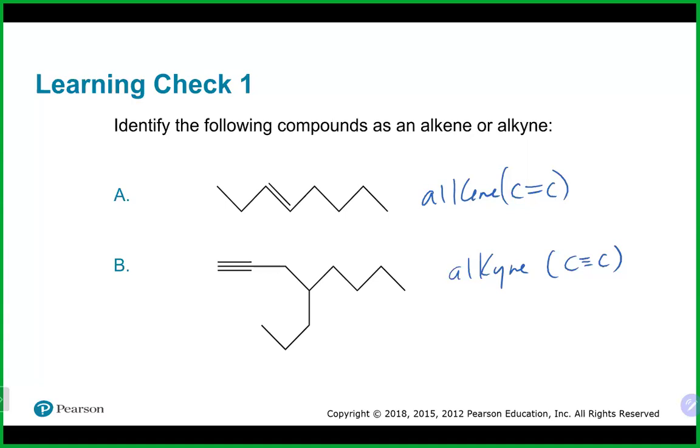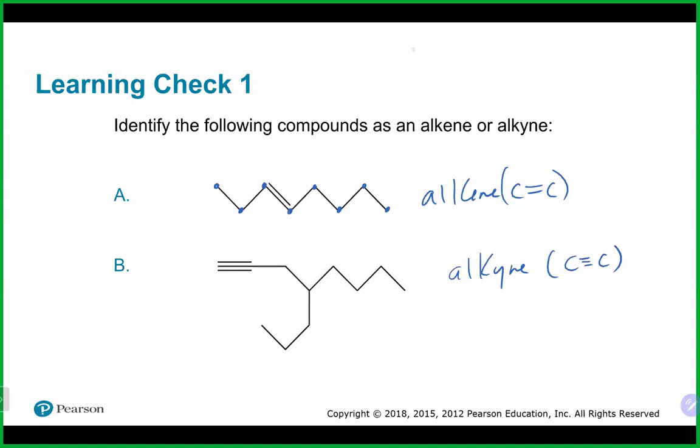So since we have these here, let's go through a little bit of the naming. We still want to find the longest continuous carbon chain. The deal though is if there is a double bond or triple bond, it has to be part of the longest carbon chain. So you can't go around the double bond or triple bond. If we look at this one, clearly 1, 2, 3, 4, 5, 6, 7, and 8 in this case.